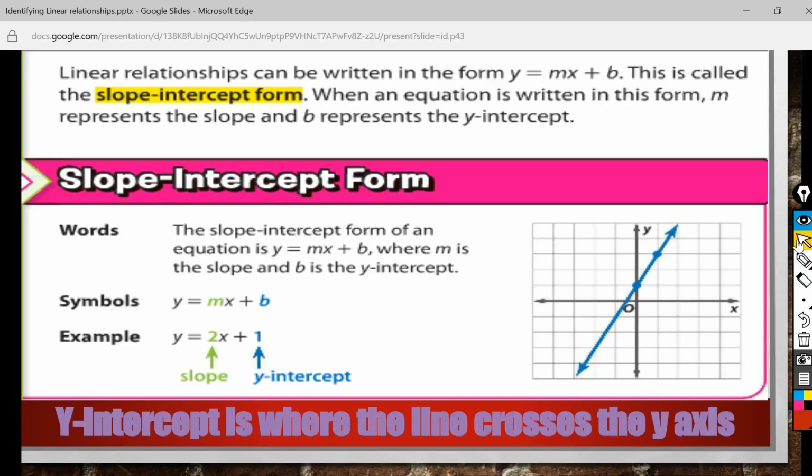All right, so let's read the definition. Linear relationships can be written in the form y equals mx plus b. This is called the slope-intercept form, and that makes sense because the slope comes first and then the intercept's last.